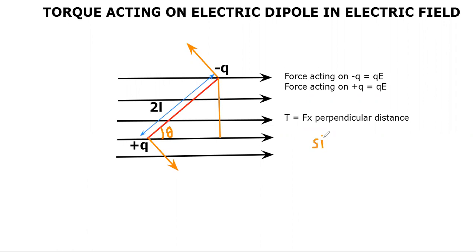Sine is perpendicular by hypotenuse, and we have to find out this perpendicular only. I'm giving it a distance of x. Let the perpendicular be x divided by the hypotenuse. Hypotenuse is 12. So if I cross multiply, x is equal to 12 sine theta.